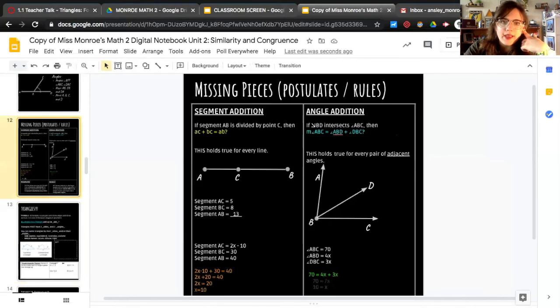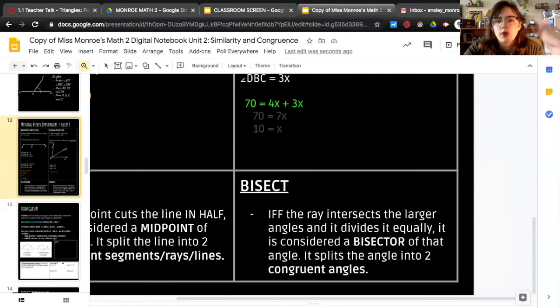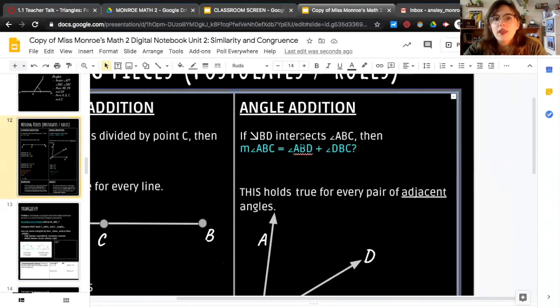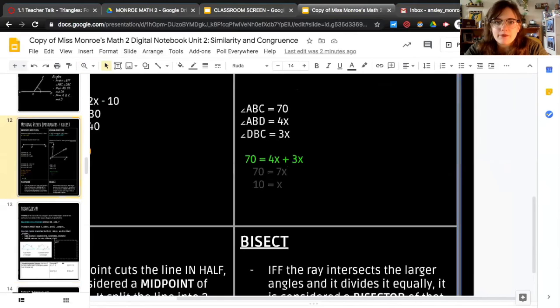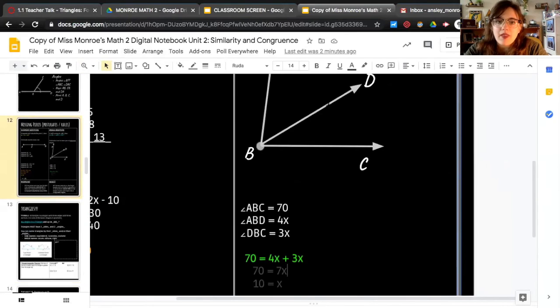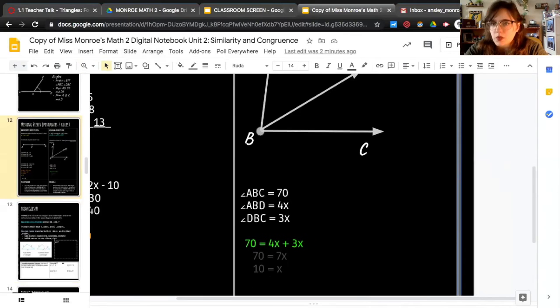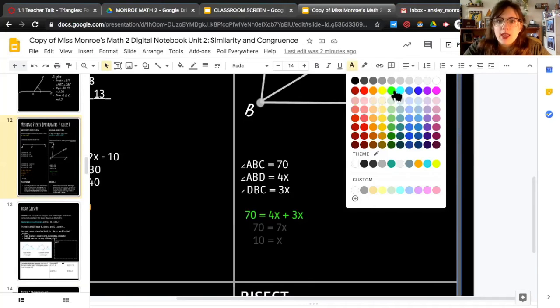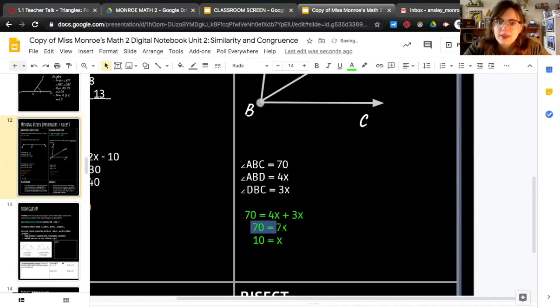So here we are at missing pieces and postulates. We also have the definition, but let's finish this problem first. So if I have my examples up here, ABC, the entire thing is 70, the small angle is 4x, and the other small angle is 3x. So I can say 4x plus 3x, my two small angles, add together to get 70. I can take it one step further and say 7x equals 70 because I'm adding my like terms.